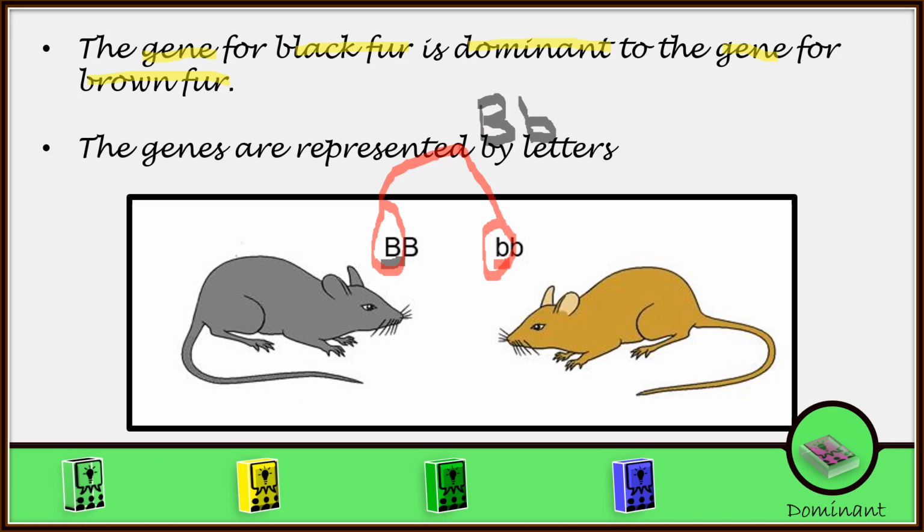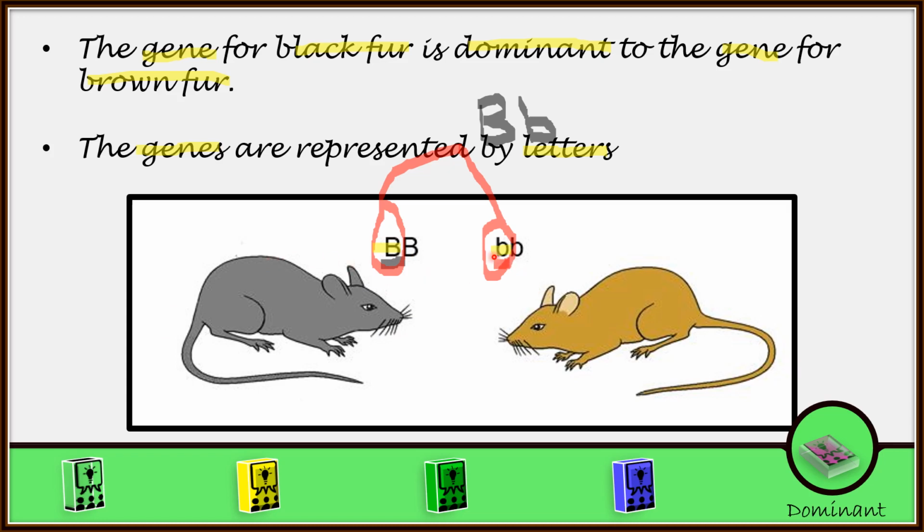The genes are represented by letters. As we are seeing here, this is a gene represented by a letter, and this one is a gene. The two, for example, that form the black fur, here is capital B. We shall have the black fur.